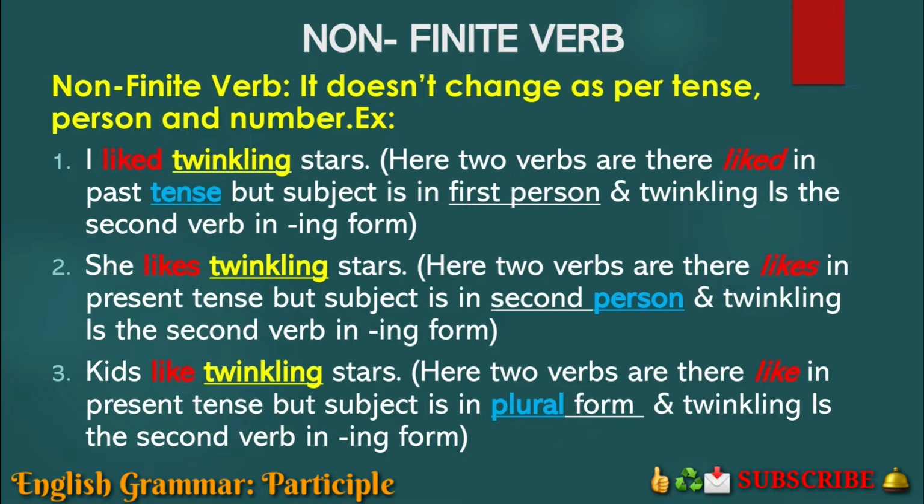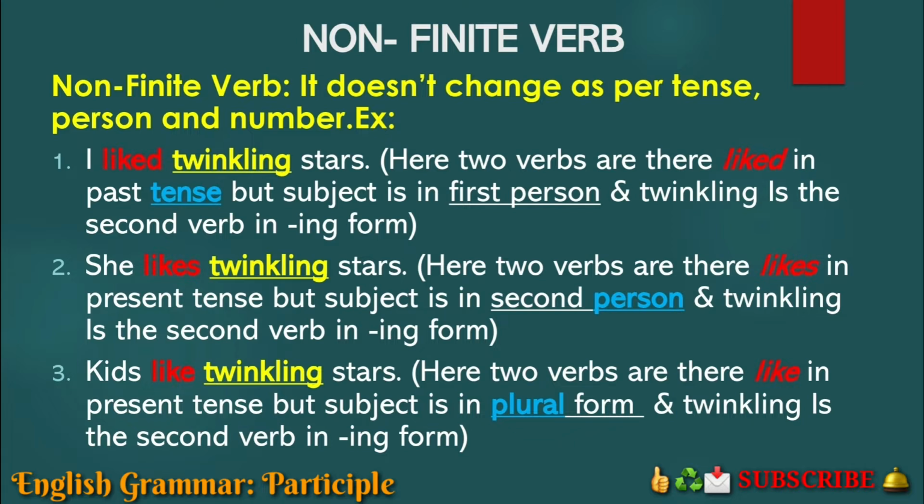Both have participles, ed and ing. Liked is in past tense, but the subject is in first person. In this sentence, I is in first person, but the sentence is in past tense. And twinkling is the second verb in ing form.